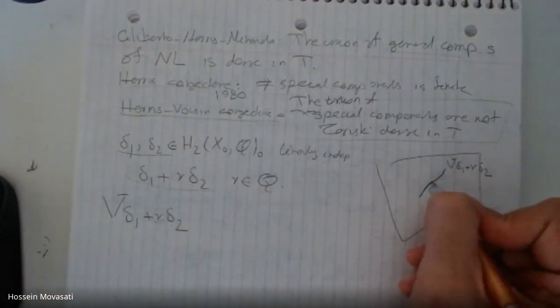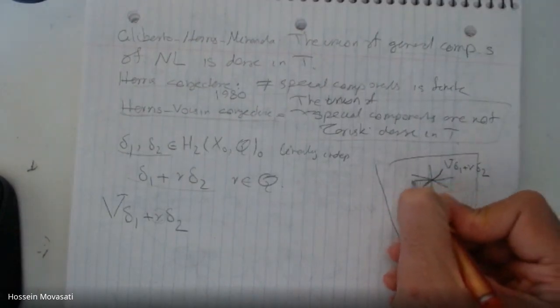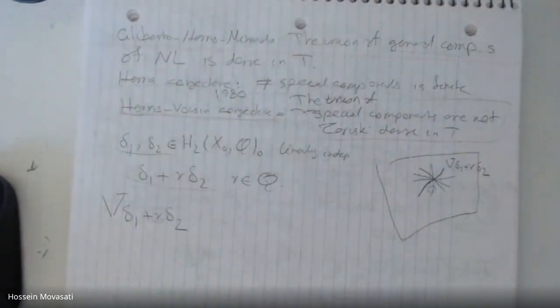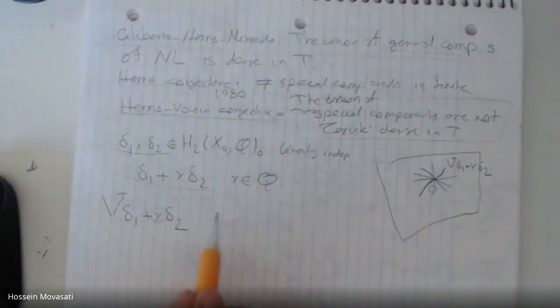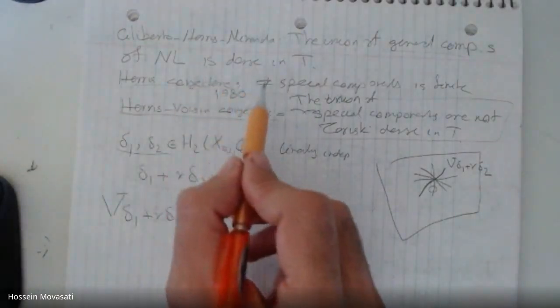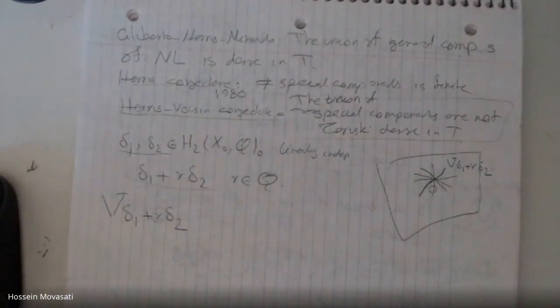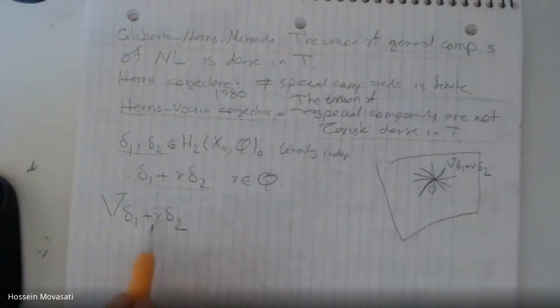The point is that when r moves, the hope is that I will get a kind of pencil of these varieties, and in this way we can produce an infinite number of general components.